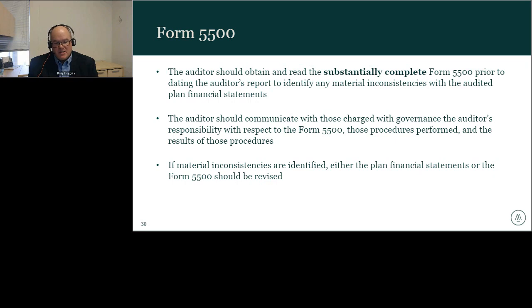If material inconsistencies are identified, one of them needs to be changed to have those amounts agree or to be able to be reconciled. And reconciliations really are only allowed in those cases where there are differences in the 5500 reporting rules and GAAP. You can't issue a 5500 on a cash basis that excludes your contributions receivable and those types of accruals, and then have your financial statements on an accrual basis on an ongoing basis. You really need to iron out those inconsistencies and make those two documents line up with each other.